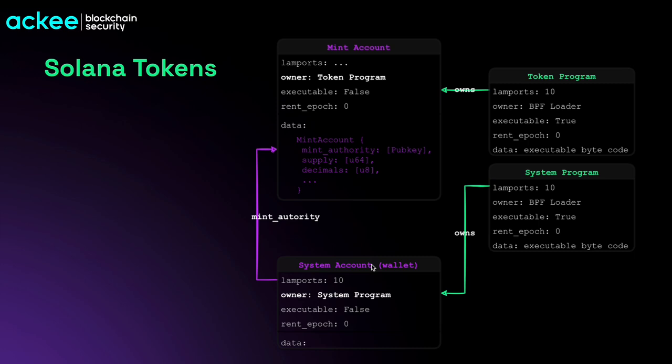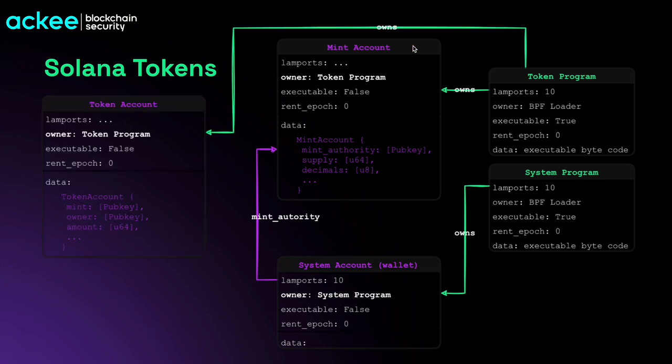Now, our wallet can ask the mint account to create a token account. So let's say we create a token account, and this token account is then owned by the token program and has an owner.